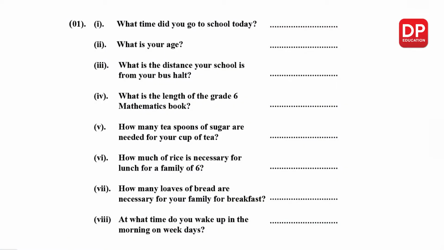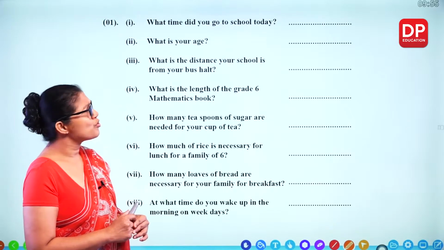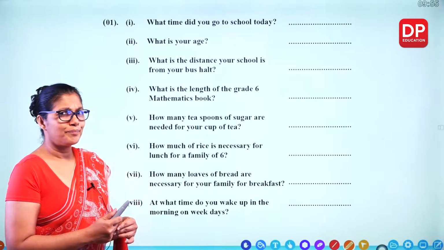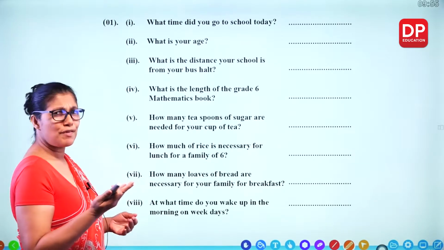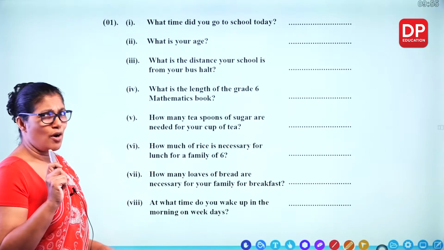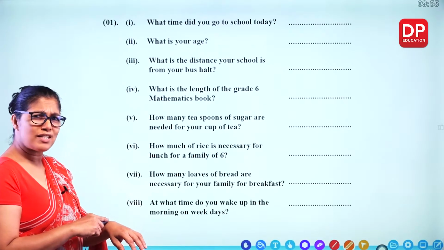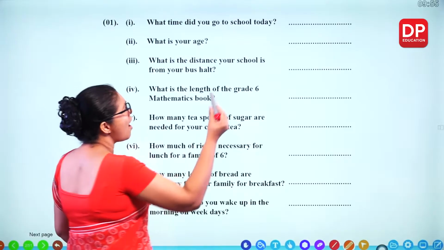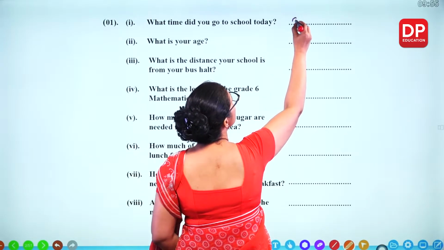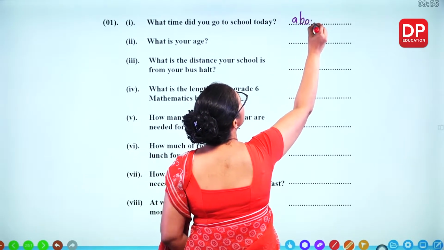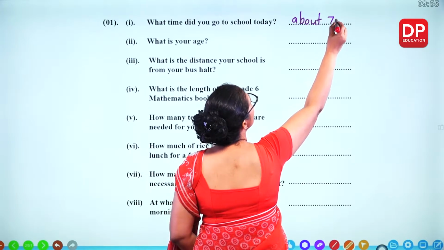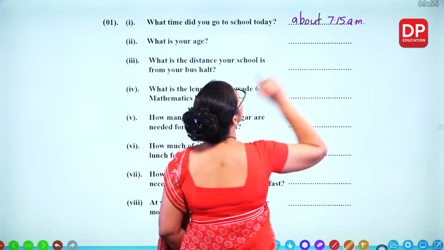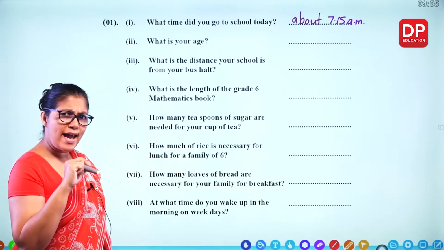Look at these questions. What time did you go to school today? So normally 7:15 like. But you are not sure. You don't look at your time when you go to school. So around or about 7:15 a.m. What is your age?